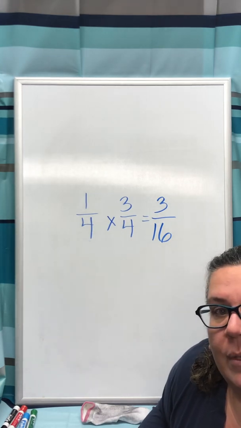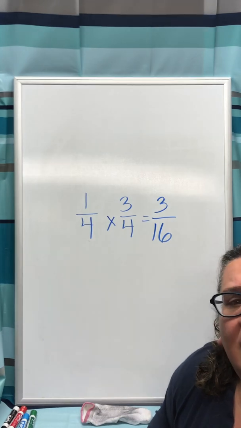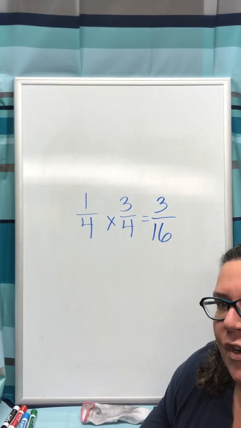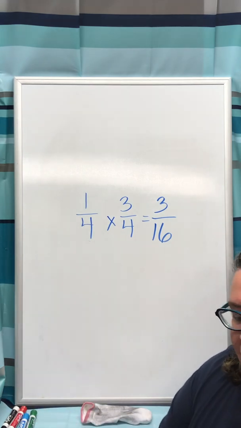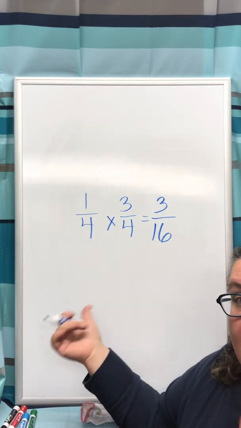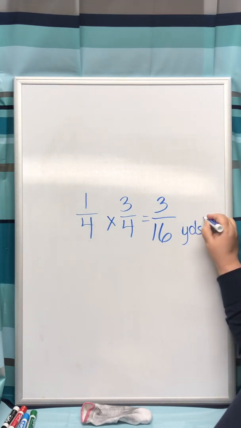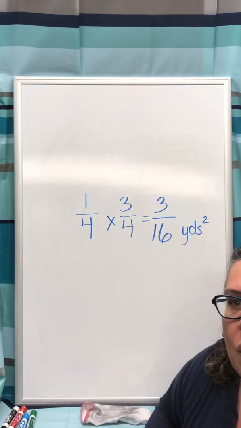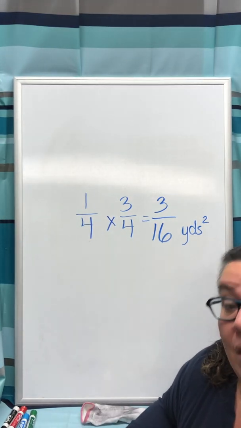If you feel more comfortable drawing out the grid for yourself, that's fine. If you say, I don't need the grid at this point, I am understanding how to just multiply across, also perfect. Our unit here is yards. And again, we would say square yards, because it is a measurement of area.